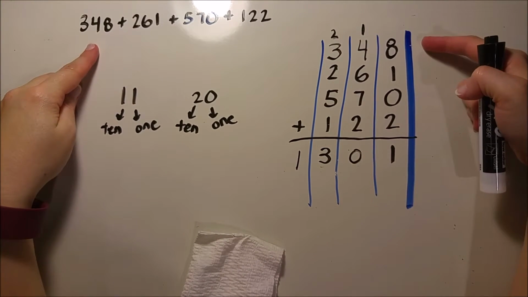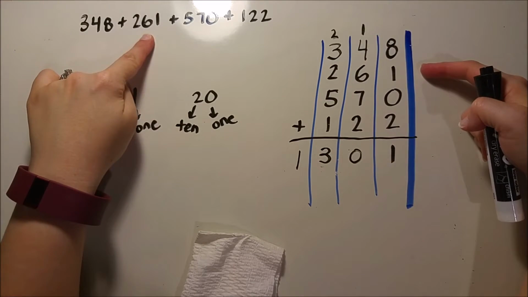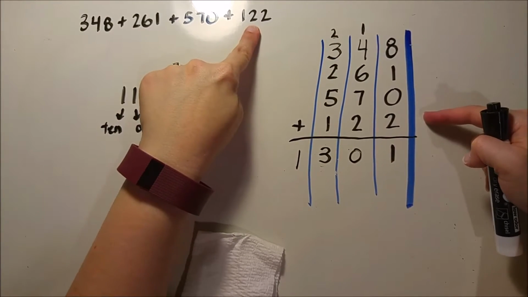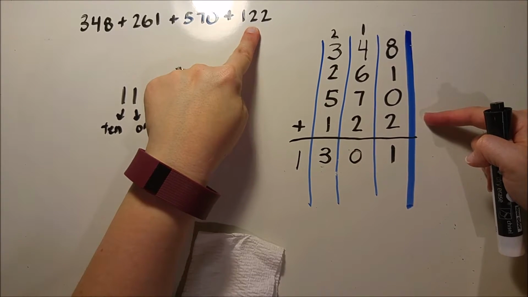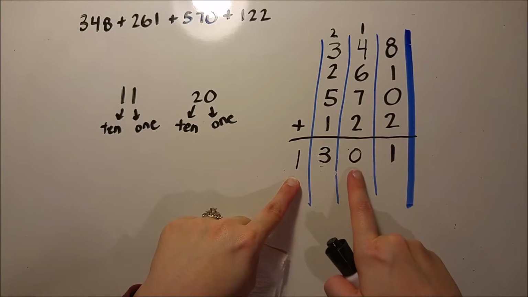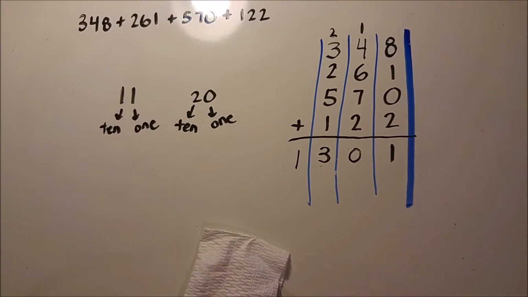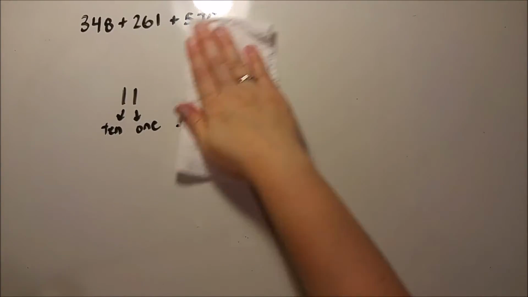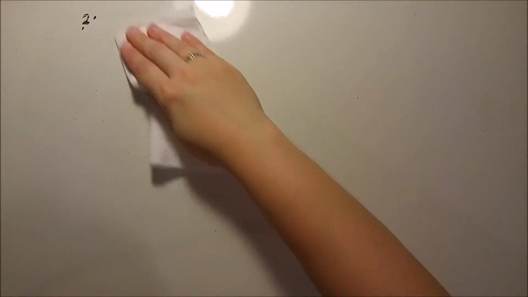So 348 plus 261 plus 570 plus 122, that all equals 1,301. So thinking of them in the columns and making sure they're all lined up helps immensely, helps a great deal.